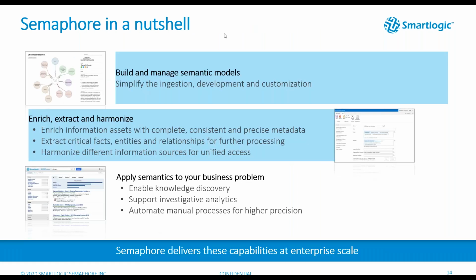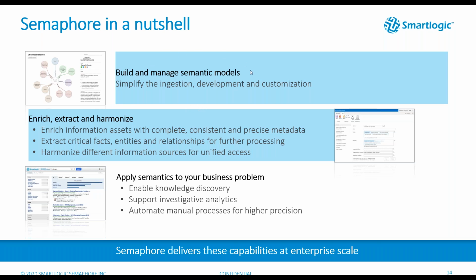Going back to Semaphore, let's focus on the first two components. If you recall, Semaphore's three primary capabilities: first, the modeling capability to ingest, manage, share, socialize, distribute, and embed the model information into your enterprise.